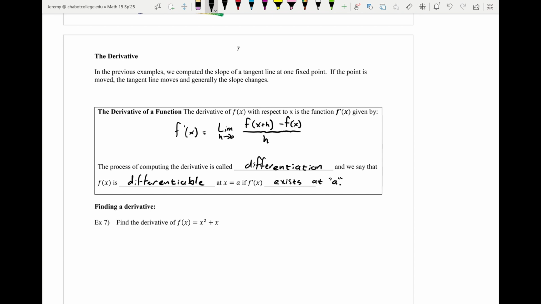Some might say f prime of x is defined at a. I choose to say exists at a because the derivative is a limit, right? And for this derivative to be defined, really it means that this limit exists.